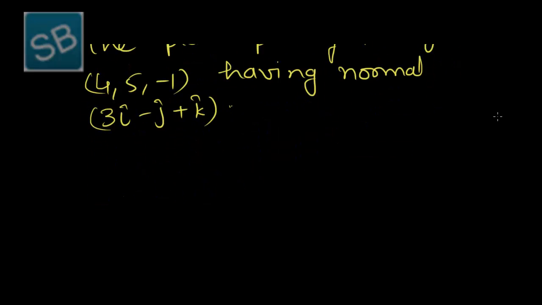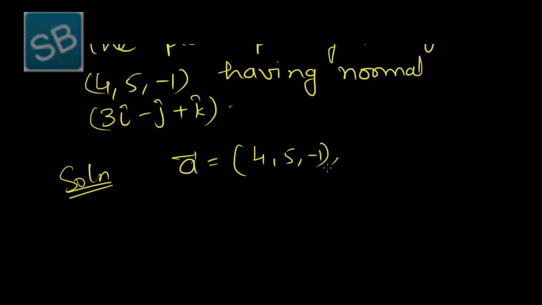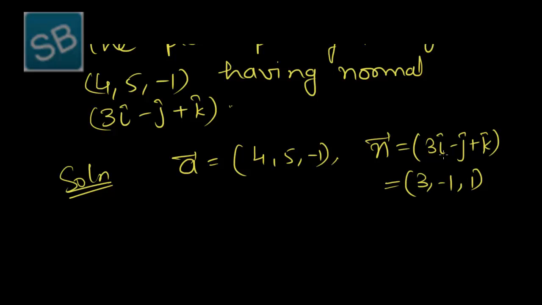So here we have a is equal to (4, 5, minus 1) and n is equal to 3i minus j plus k, that is (3, minus 1, 1).